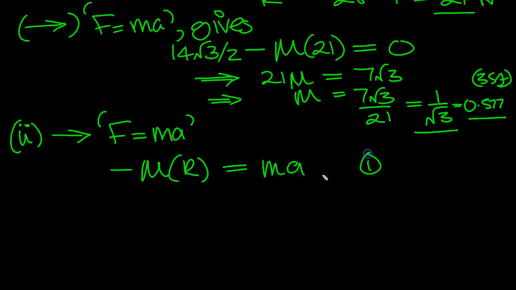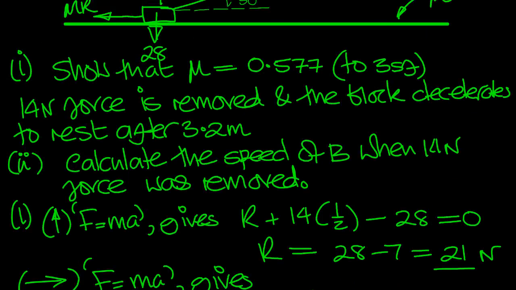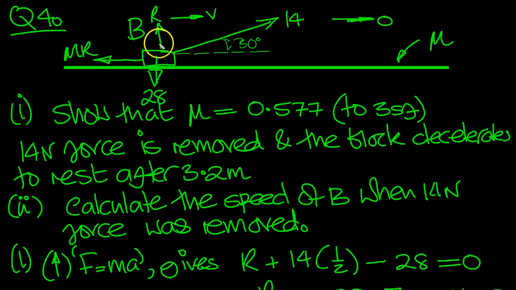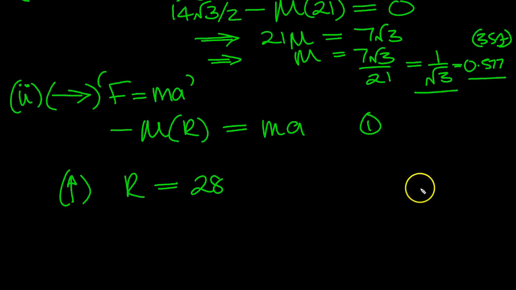Okay, there's 1. Now if we look at vertically now, because the 14 Newton force is no longer there, the normal reaction vertically will equal the weight, 28. The normal reaction is equal to the weight because this force has been removed. So vertically these forces must be the same. And we've also got the weight, 28, is equal to mg.